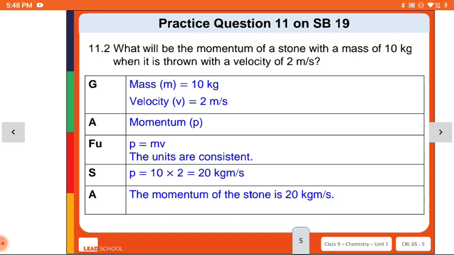We put the values in the formula. P is equal to mv, mass into velocity. Mass is 10 kg and velocity is 2 meter per second. So momentum is 20 kg meter per second.